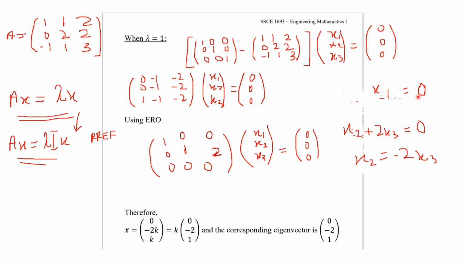Therefore, we can summarize that the value of x1 is equal to 0. After we arrange the equation, the value of x2 is equal to negative 2, while the value of x3 is equal to 1.